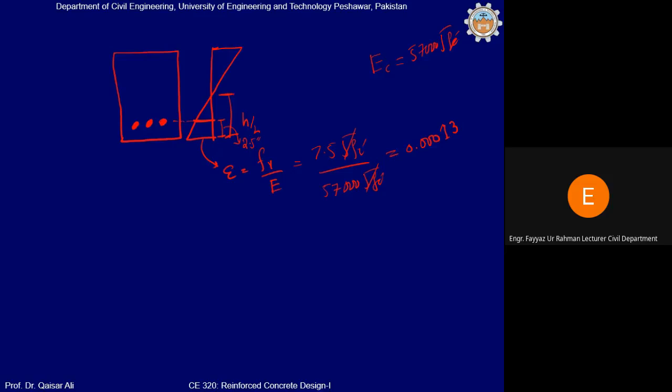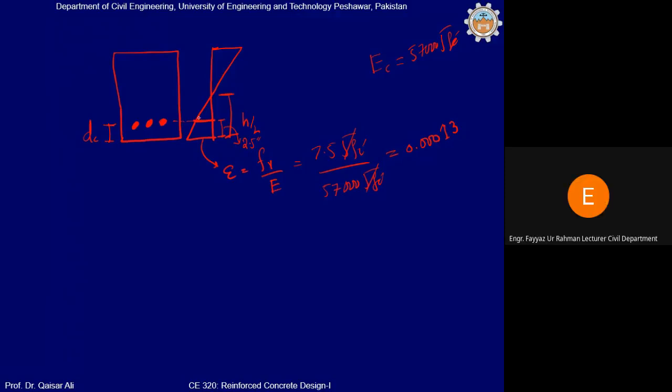This distance is basically DC, and you can calculate DC if you know the diameter of stirrup and the diameter of longitudinal reinforcement. Understood? But if you do not calculate it, you can assume it as 2.5 inches. Clear? Is it clear till here? Yes sir.